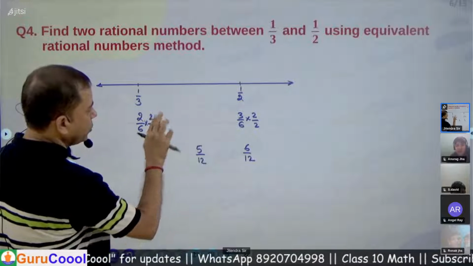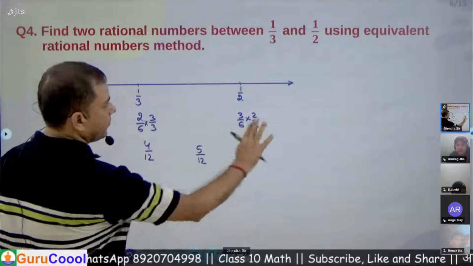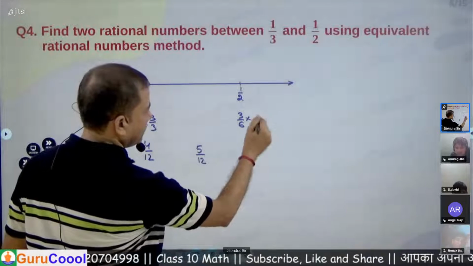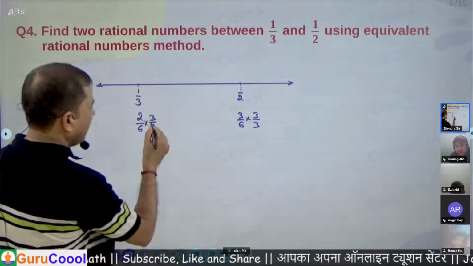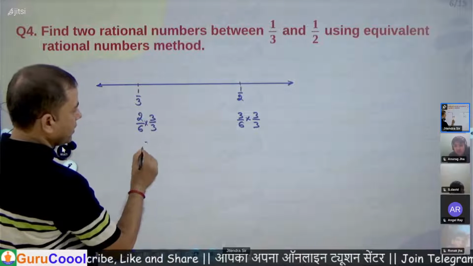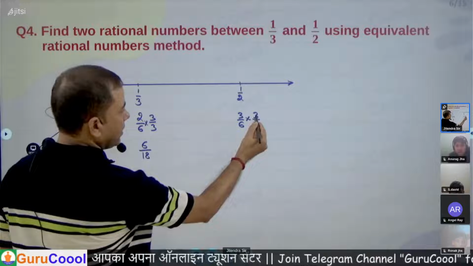Instead of taking 2, I will multiply with 3. 3 by 3. Here also. So 2 by 6 times 3 by 3 is going to be 6 by 18, and this one becomes 9 by 18.